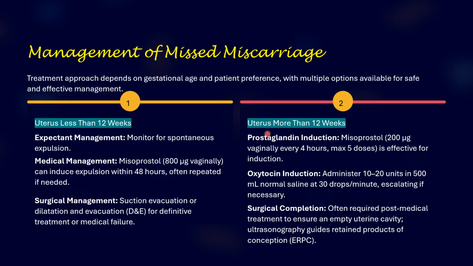The other one is uterus more than 12 weeks. So here you give a prostaglandin induction. That means use of misoprostol vaginally every 4 hours. A maximum of 5 doses is effective for induction. The other one is oxytocin induction, which is administration of 10 to 20 units of oxytocin in 500 ml of NS at 30 drops per minute.